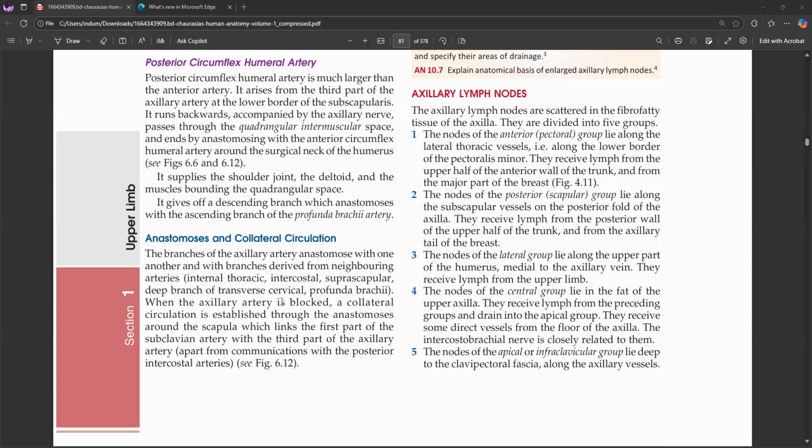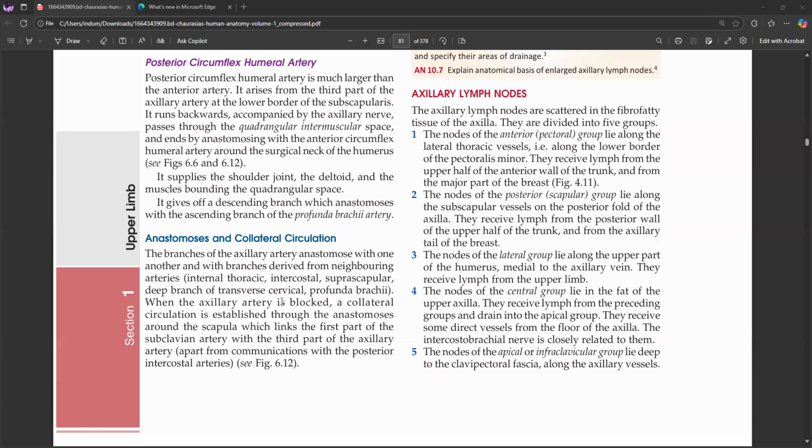See figures 6.6 and 6.12. It supplies the shoulder joint, the deltoid, and the muscles bounding the quadrangular space. It gives off a descending branch which anastomoses with the ascending branch of the profunda brachii artery.